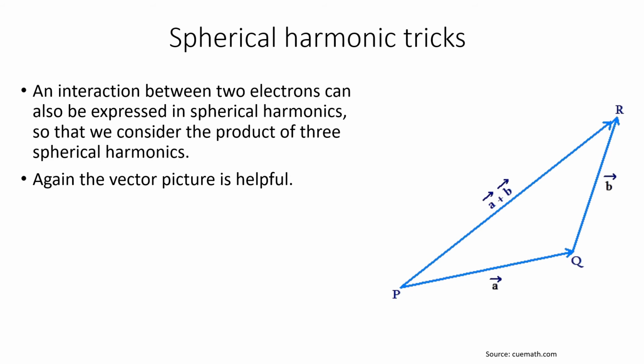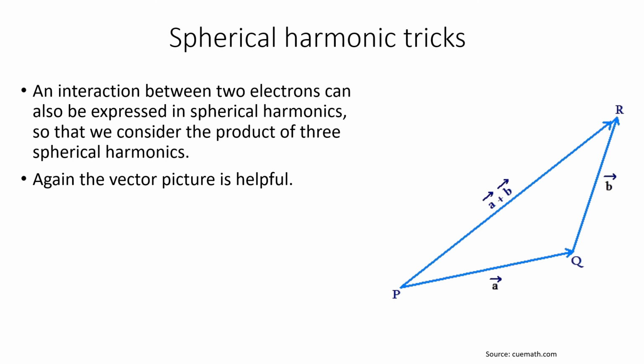What's really neat is that if two electrons are going to interact, if there's some interaction between wave functions, you can also express the interaction in terms of spherical harmonics. So an interaction between two electron states can be considered as a product of three spherical harmonics, two for the electron states and one for the interaction. And again, that's very useful.